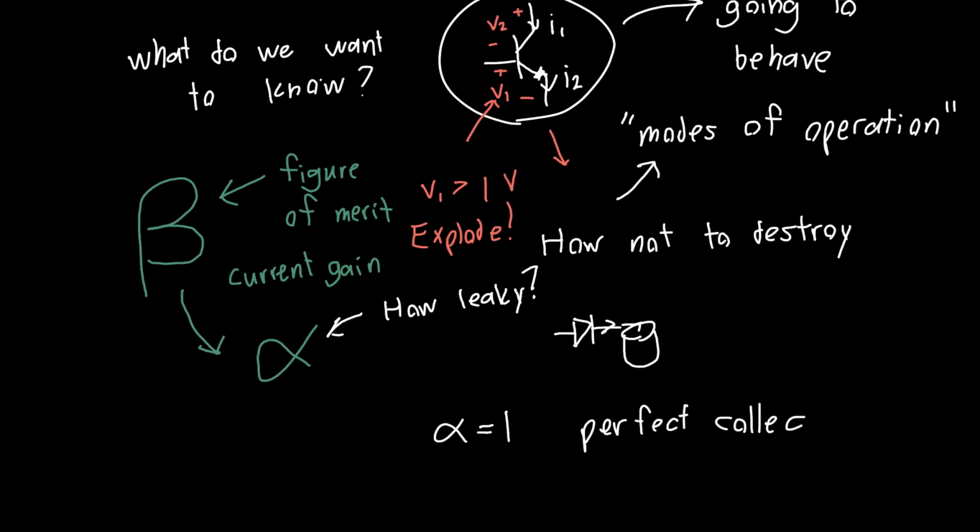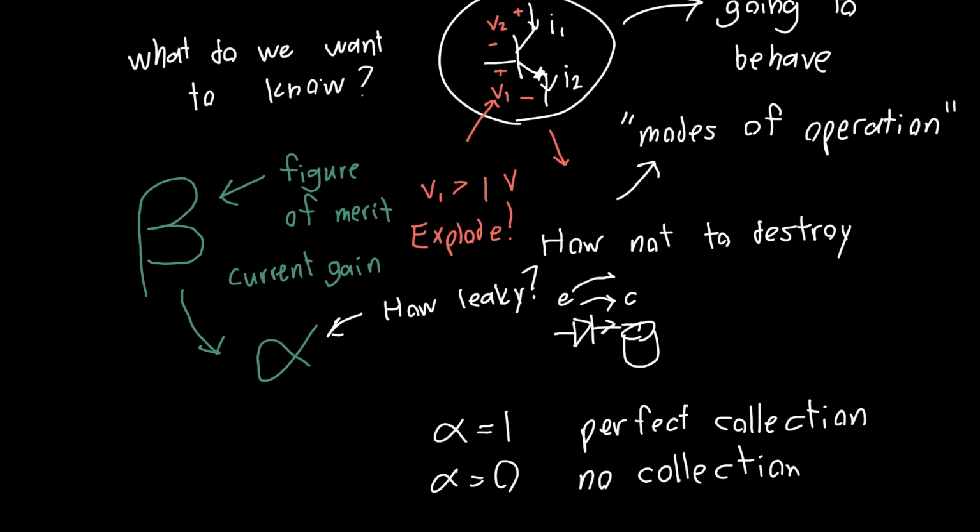So every hole or electron that's injected from this diode, or from the emitter of the BJT, is collected by the collector. And an alpha equal to 0 means we've got no collection, meaning that of all the charge carriers we inject from the emitter, none of them make it to the collector.